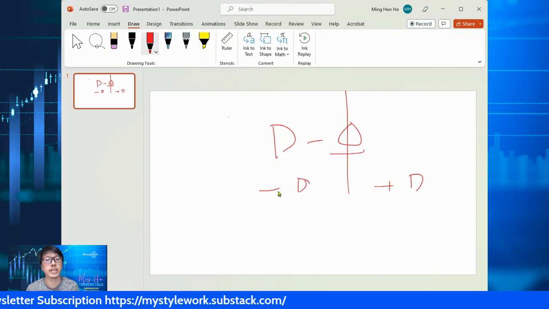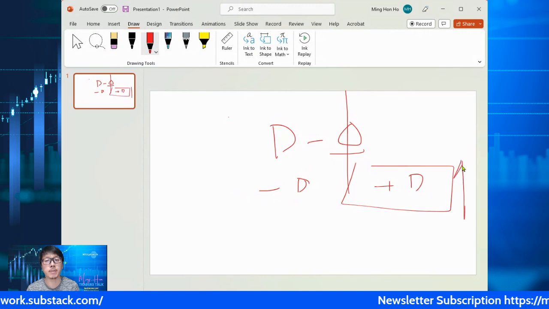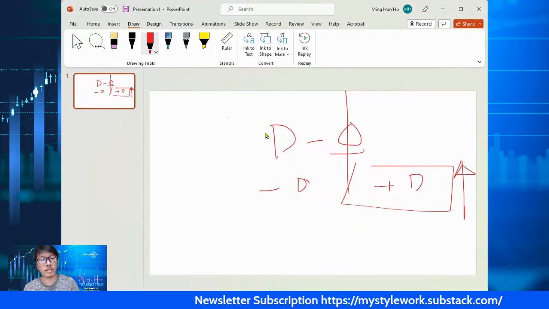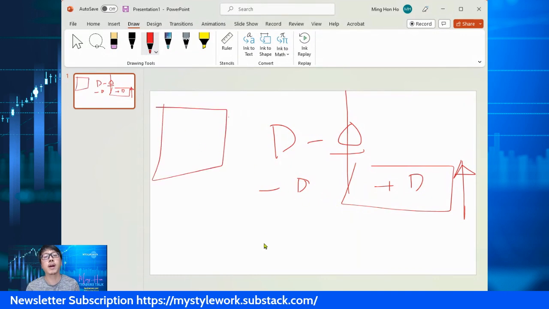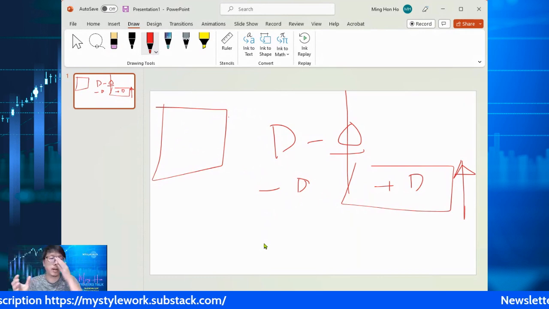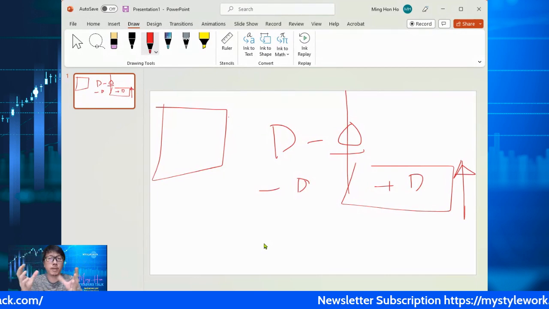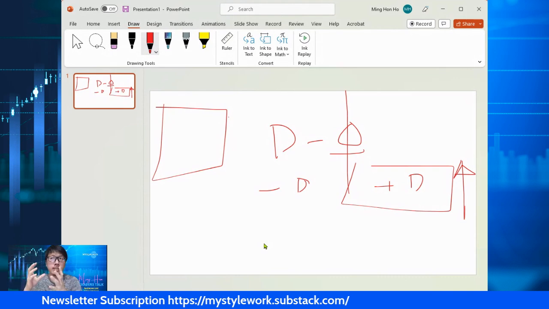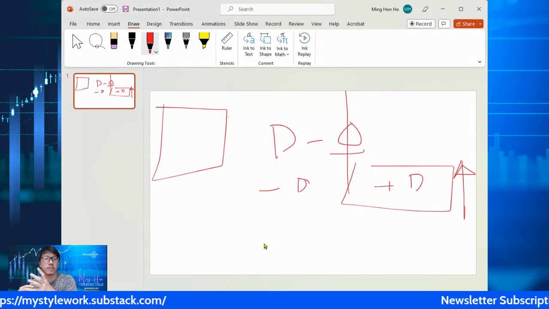If it goes negative delta, then what you need to do is add positive delta to your trade. Yeah, and it can also be a portfolio, where you manage the portfolio in a so-called delta form. That means you convert all your trades into delta, and you can see where your portfolio is, whether it is positive delta or negative delta.